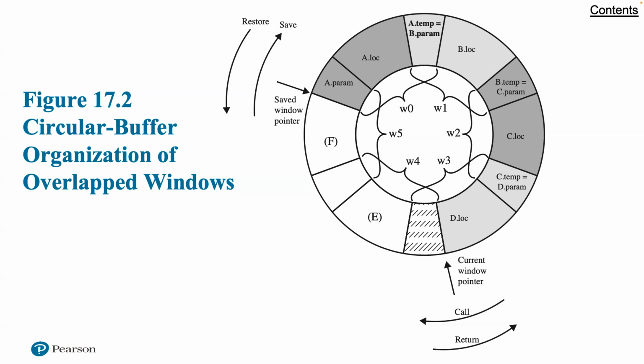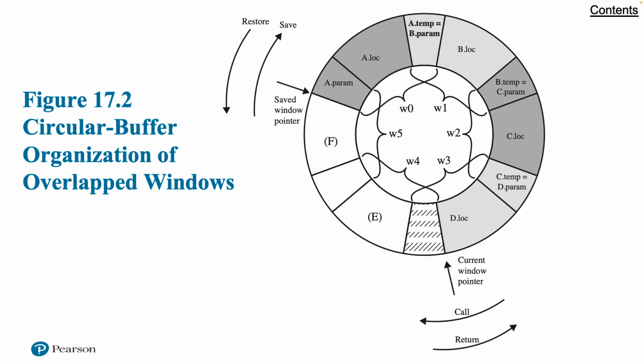If A begins to load its temporary registers in preparation to a call, it will overwrite the parameter register of A, that is A.N. Thus, when CWP is incremented modulo 6 so that it becomes equal to SWP, an interrupt occurs and A's window is saved.